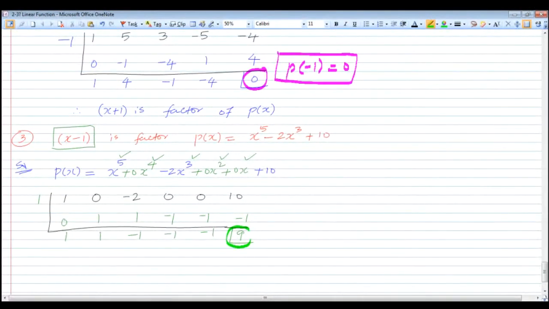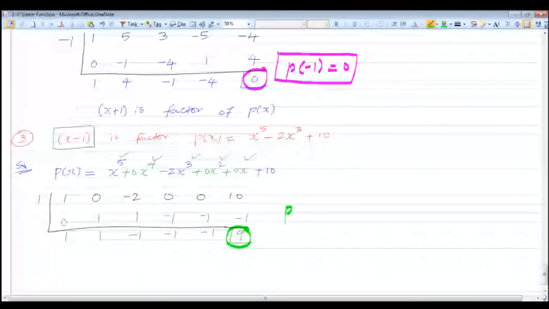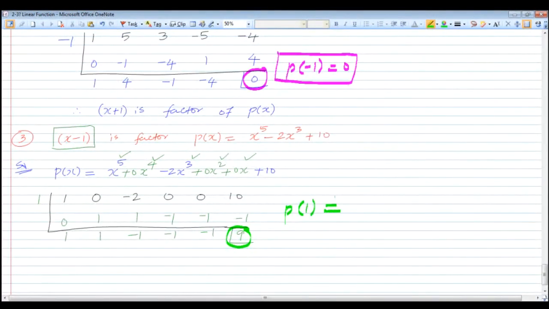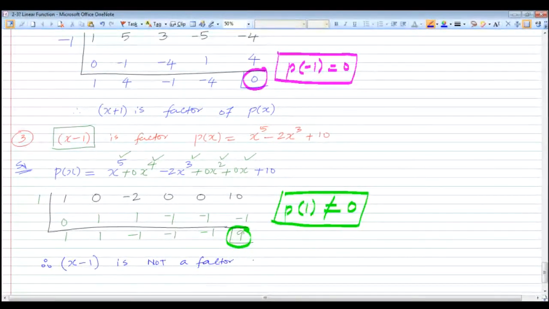So the remainder is not equal to 0. I can write P of 1 is not equal to 0. Therefore, I will say x minus 1 is not a factor of P of x.